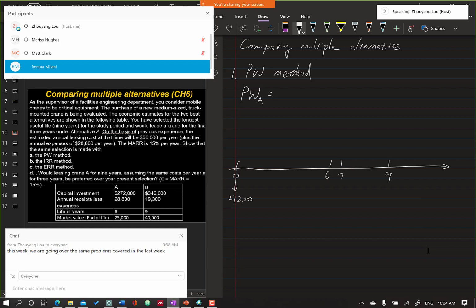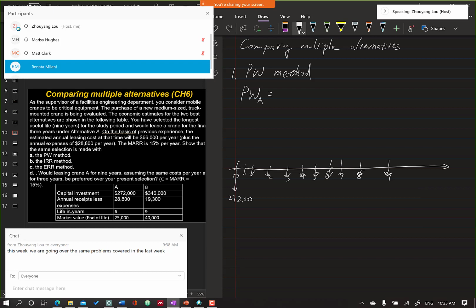Let's treat it as the cost part. So the annual ones will be, maybe there are 2 ticks. I'm just trying to save time writing those ticks, but that's fine. So those are the annual expenses throughout 9 years.